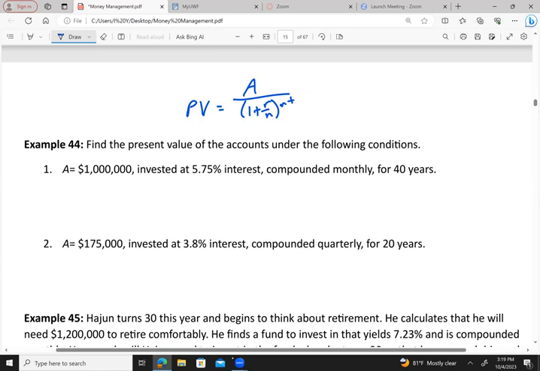So if I want to have $1 million in my account, and I have 5.75% interest compounded monthly for 40 years. So my A, the amount I want, is $1 million.